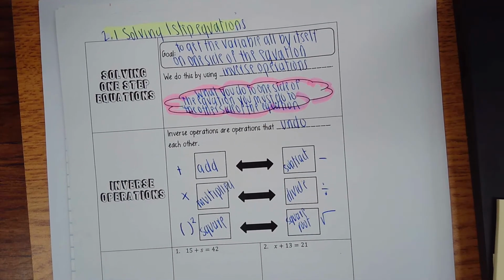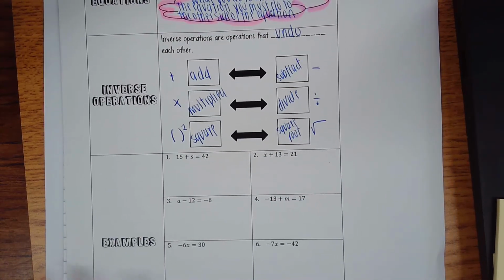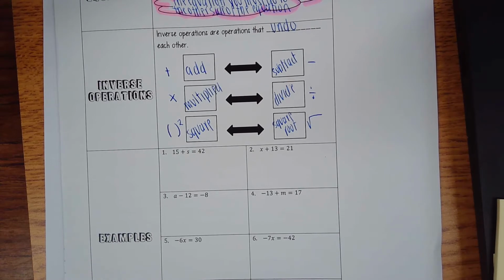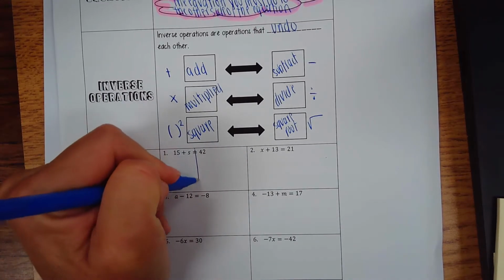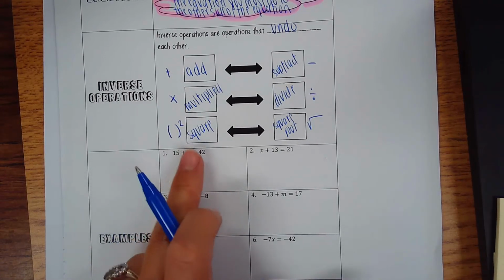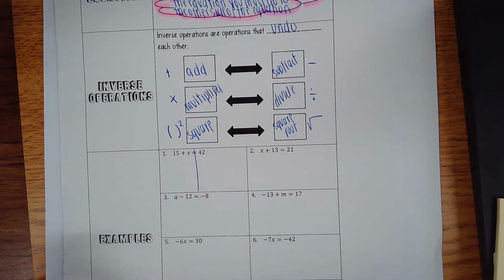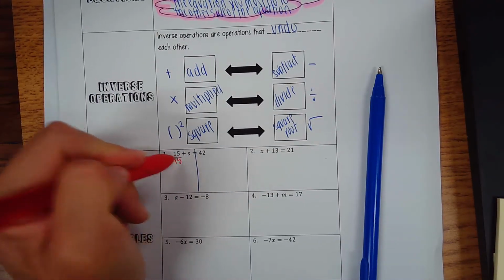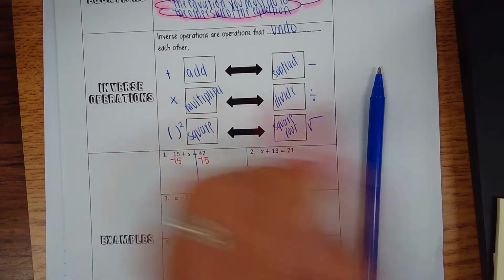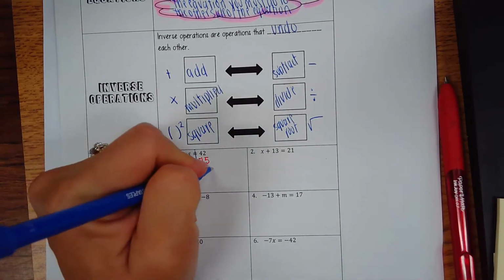Okay, so let's go ahead and get started on a couple of these examples. Let's start with number 1. Sometimes to keep it simple for you guys, I recommend drawing a line down the middle. And remember, this S is what we want to keep alone. So I'm going to subtract 15 from both sides, right? I'm going to undo it by subtracting 15.